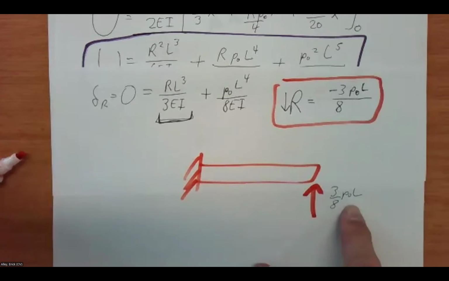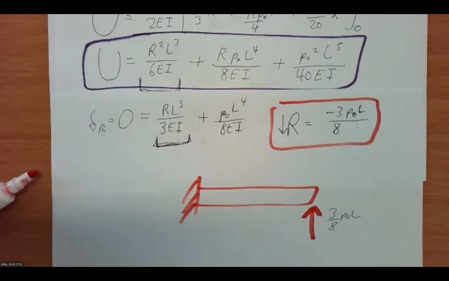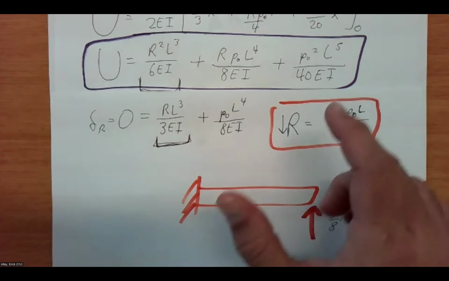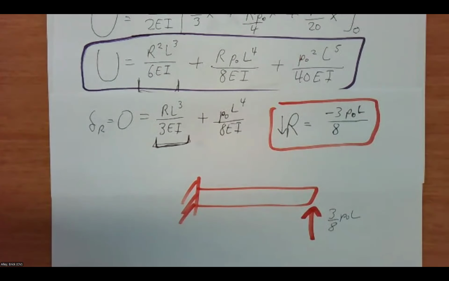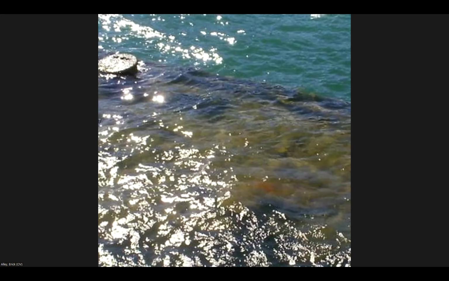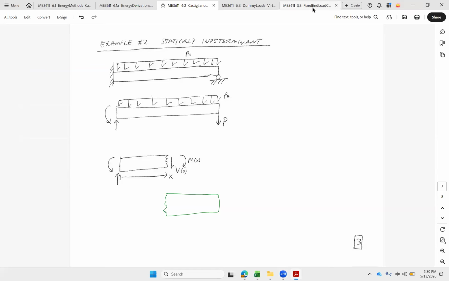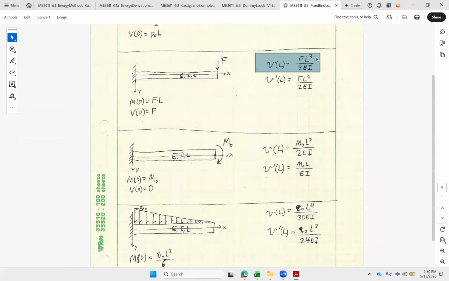And that's the same thing if we look back to our superposition problem that we did with a flat load and a roller support. If I go back to my 3.5 slide set, here's my end load.